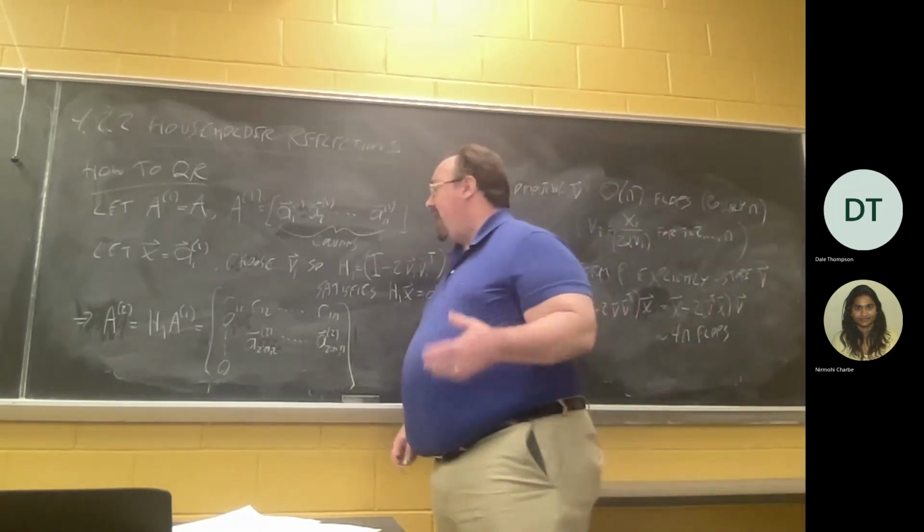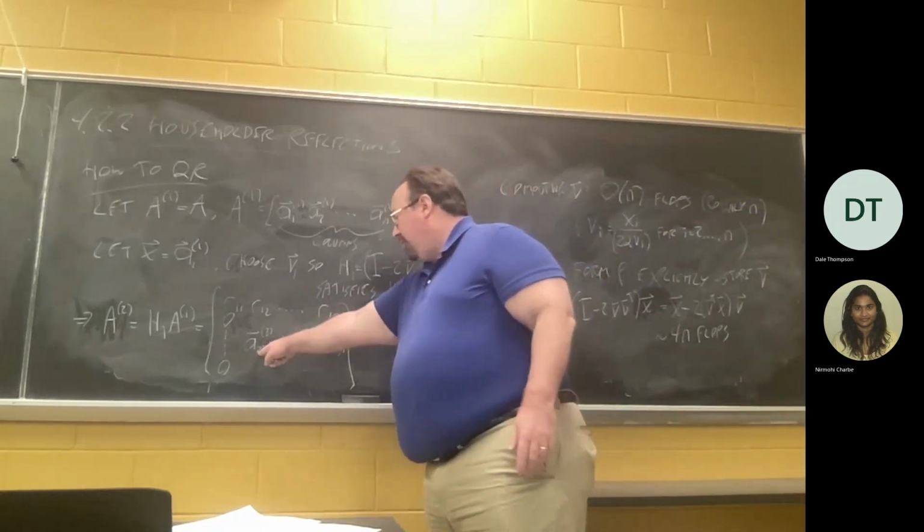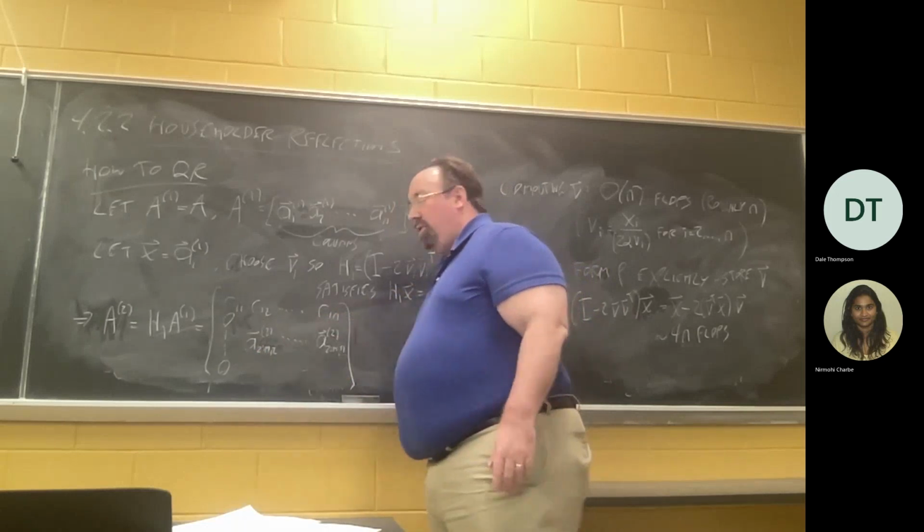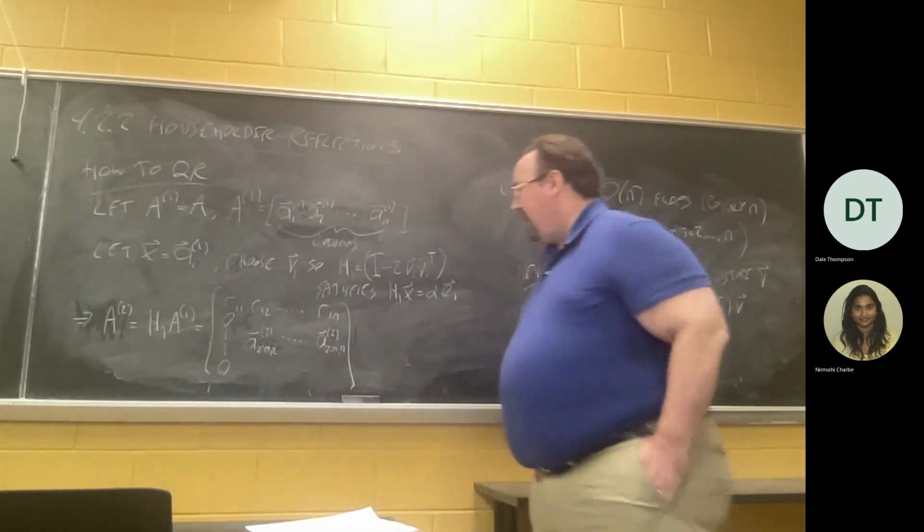And A is M by N, so that's why we're going from row 2 all the way down to row M. I'm using MATLAB's colon notation to describe what entries we have.